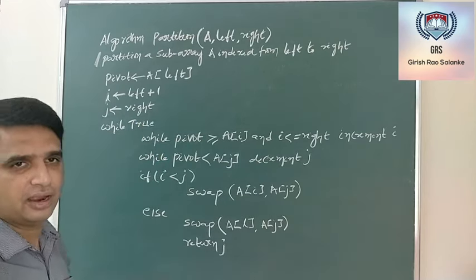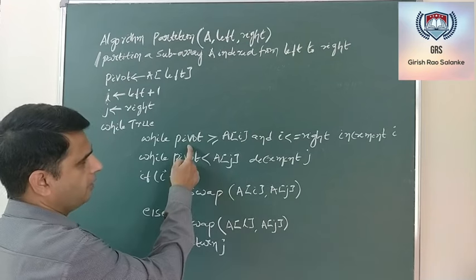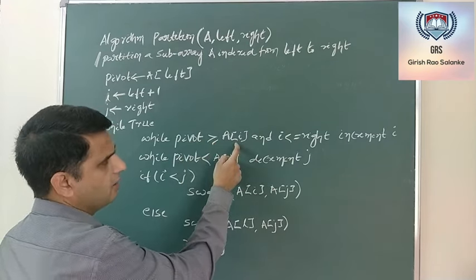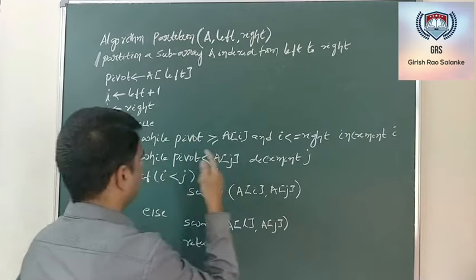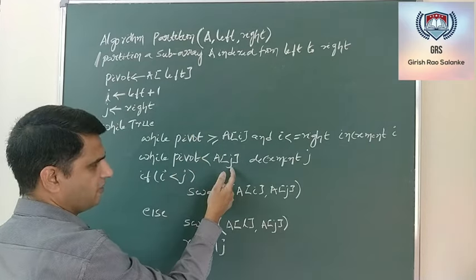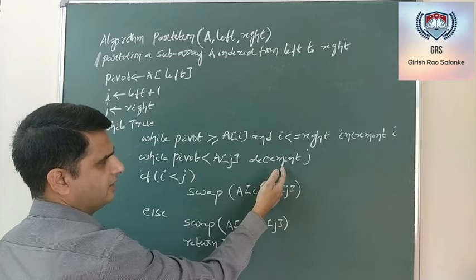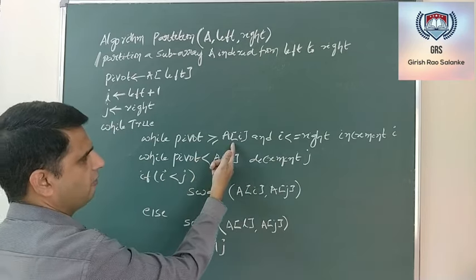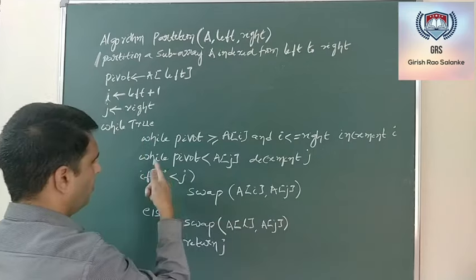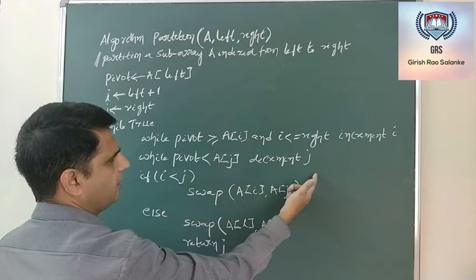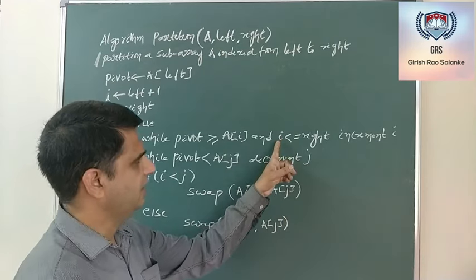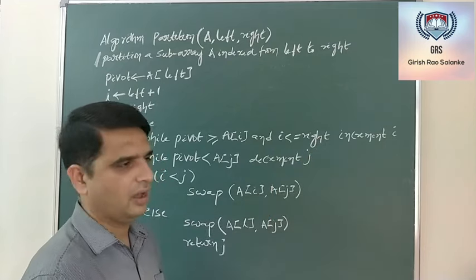Now, what was the condition? Until the pivot element is greater than or equal to A of i, we increment i. If the pivot element is less than A of j, we decrement j. So that was the condition, hence a while loop. While pivot is greater than A of i, keep incrementing i; while pivot is less than A of j, decrement j. I have taken the upper bound here, while i is less than or equal to right.